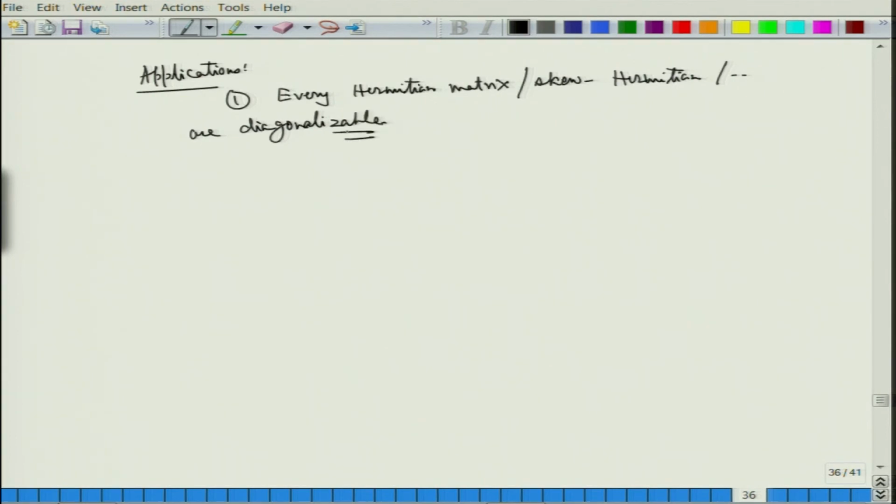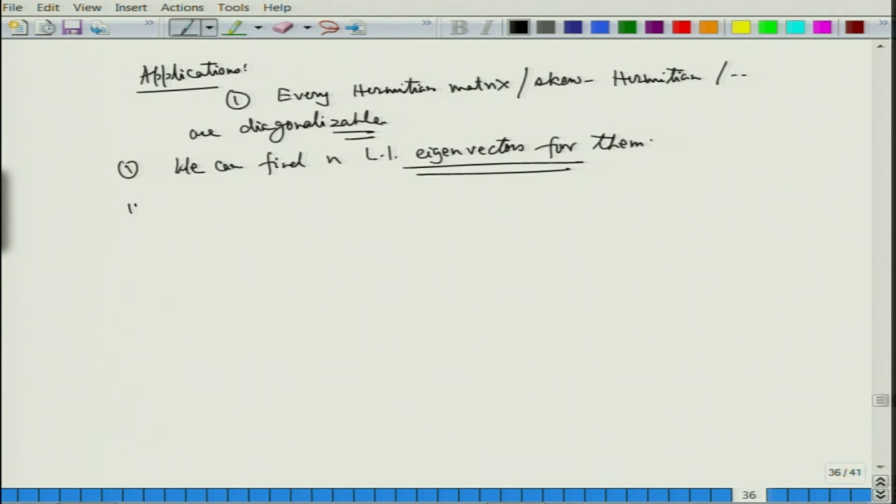This is very important, that all of them can be diagonalized. And what do I mean by diagonalized? It means we can find n linearly independent eigenvectors for them.